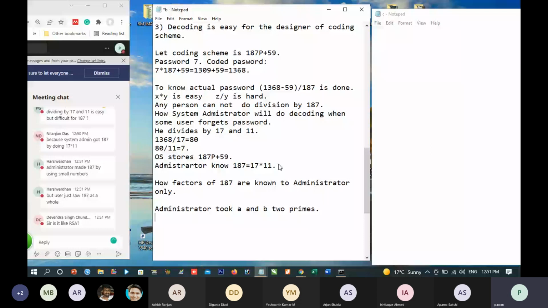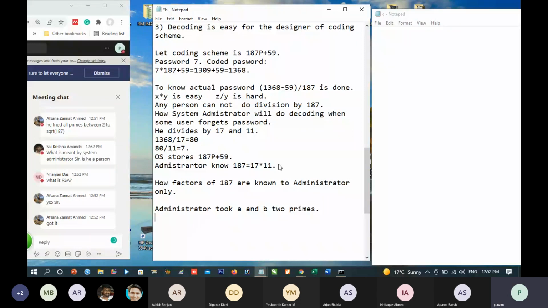It is RSA only. In RSA, we do exponentiation and here we are doing multiplication. No, Jannat, you are wrong. If he can try all primes between 2 and 187, then any other person can also try it. We assume that trying primes is not easy. Is it correct? Because if he can try, then others can also try. Yes. Forget about RSA. Nilanjan, forget about RSA.